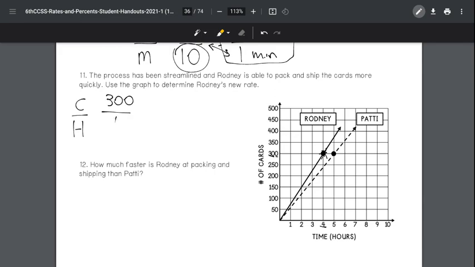300 in 4 hours. Well, how much is he doing every single hour? So if I only have 1 hour, cross multiply, and then take that answer and divide, we figure out he's making 75 cards in 1 hour.